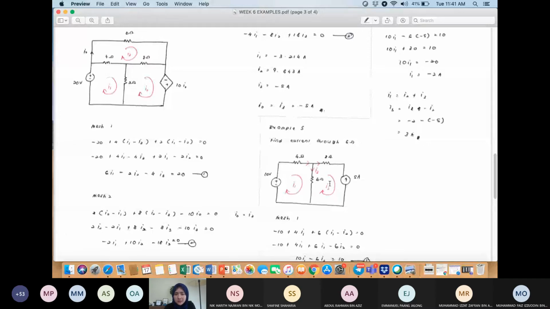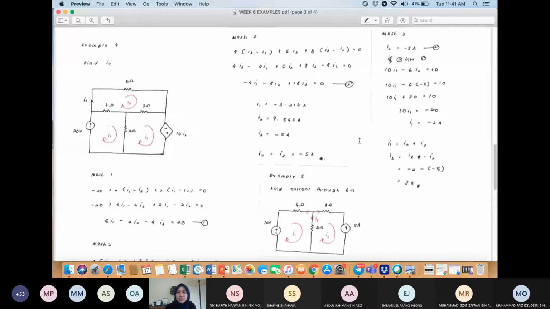So you can directly know that the magnitude of I2 is 5 ampere. But if you look at the direction, I2 is clockwise, while this source's direction is upwards, counterclockwise. Because it is a different direction to I2, I2 equals negative 5 ampere. Get it?